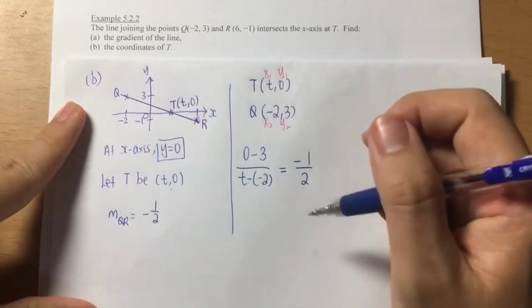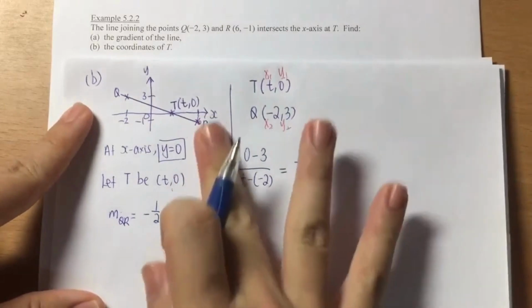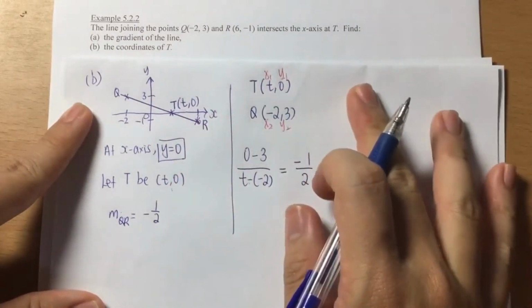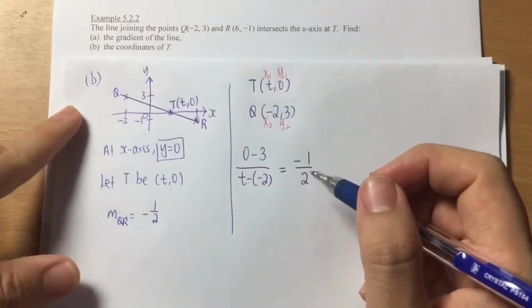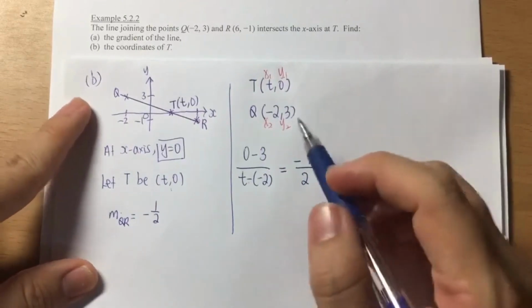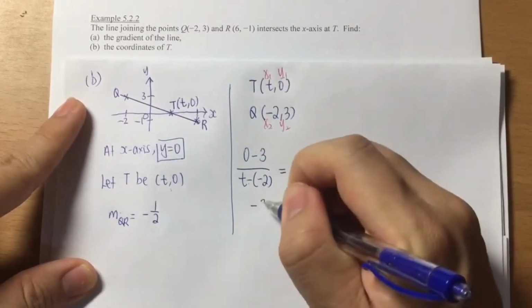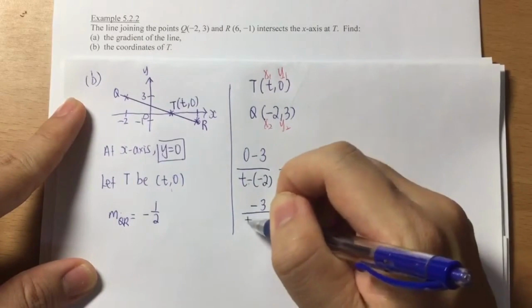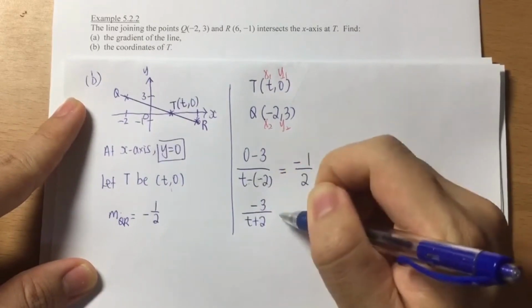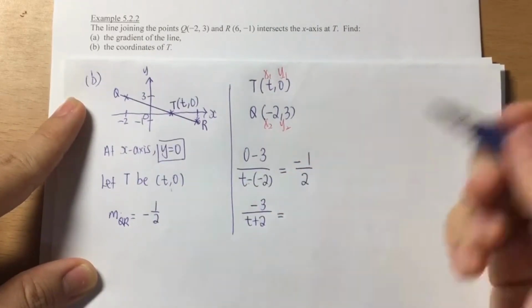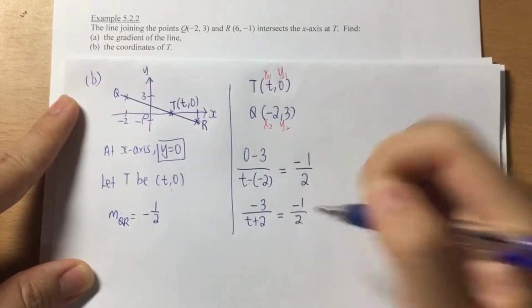So once I have this, I would be able to get -3 over t plus 2. Negative and negative become positive. -1 over 2.